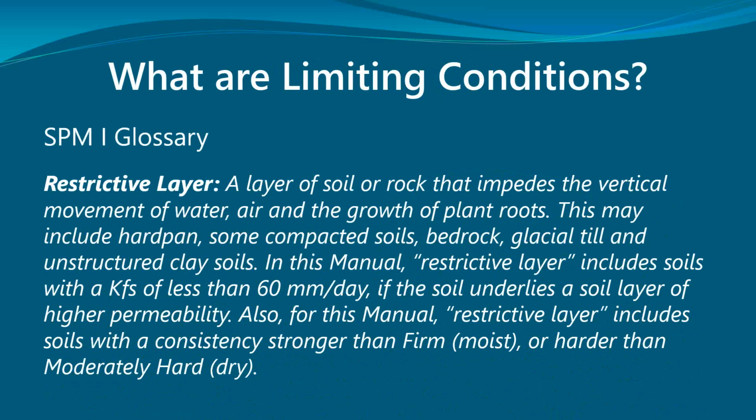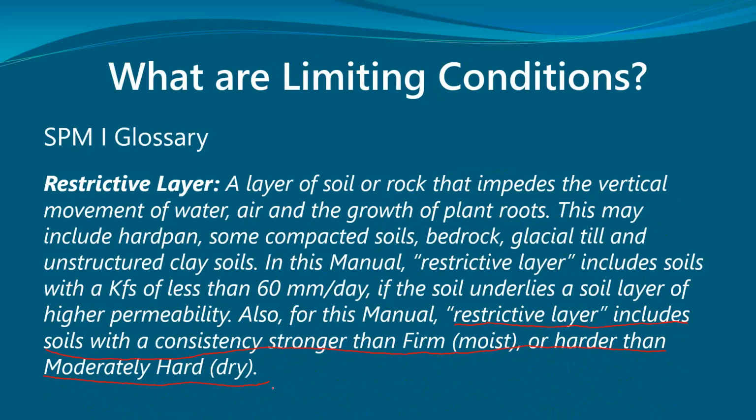And the glossary defines restrictive layer, which I think everybody gets, right? It's hard pan or rock, except this part. A restrictive layer includes soils with hard consistency, harder than moderately hard. And again, a bit of a gray area.